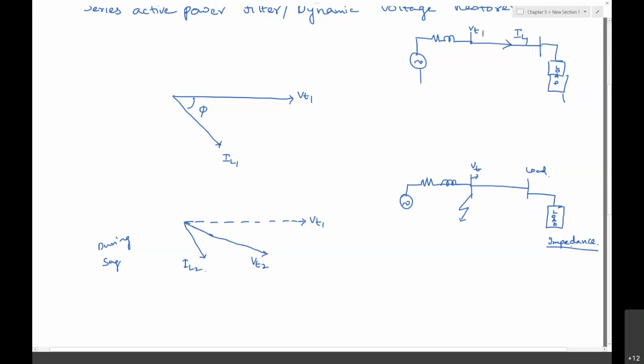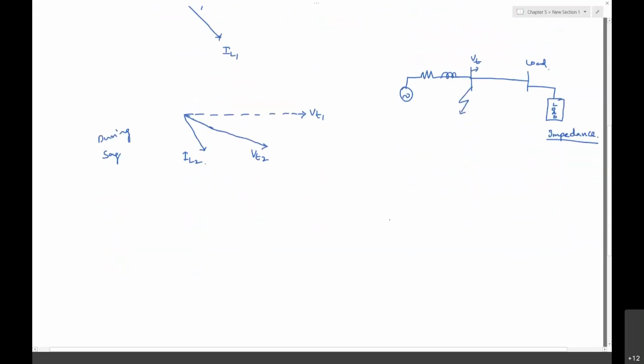Now what we are trying to do is make use of a device during the sag, during the fault. This is a fault. During the fault, we use a device which I mentioned, a series active power filter or a dynamic voltage restorer.